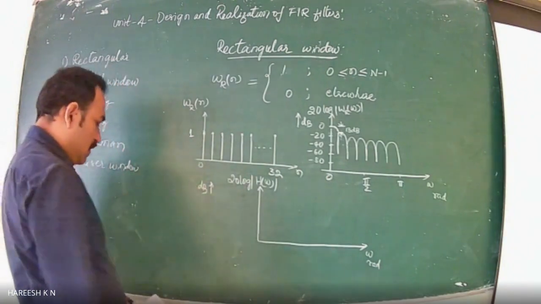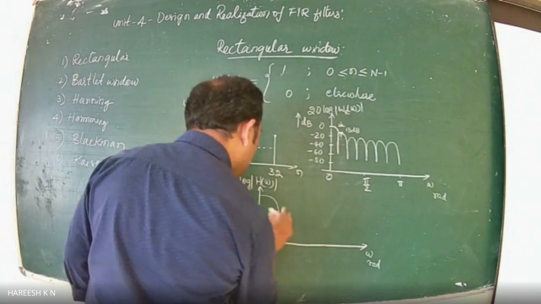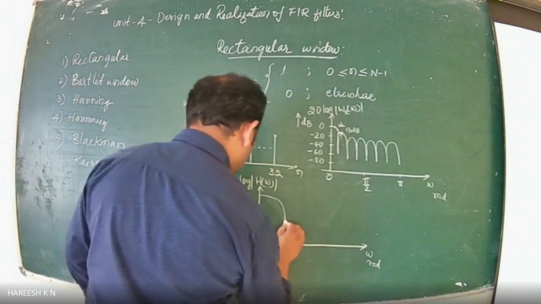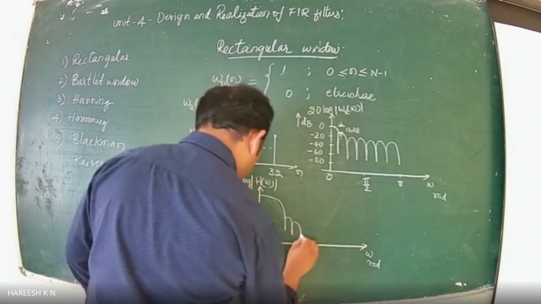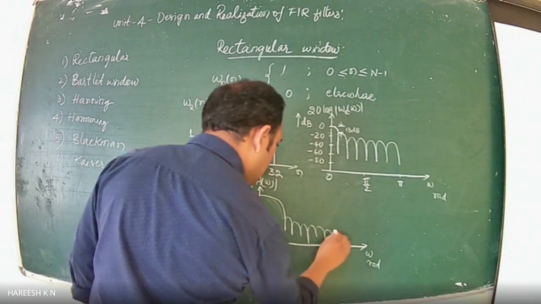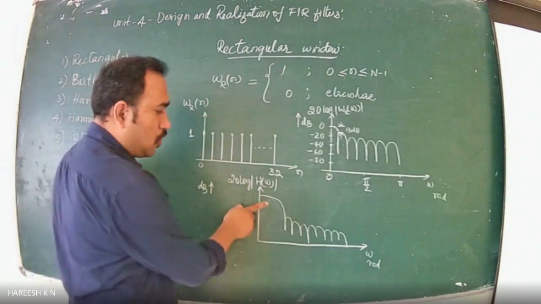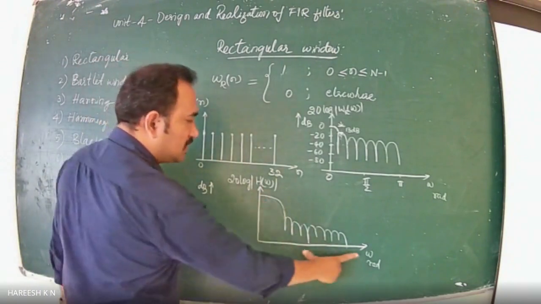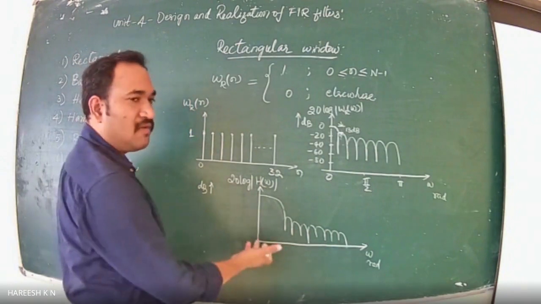It will be like this. You can just imagine: this is the main lobe and these are the side lobes. This is the pass band and this is the stop band. This is the practical frequency response.